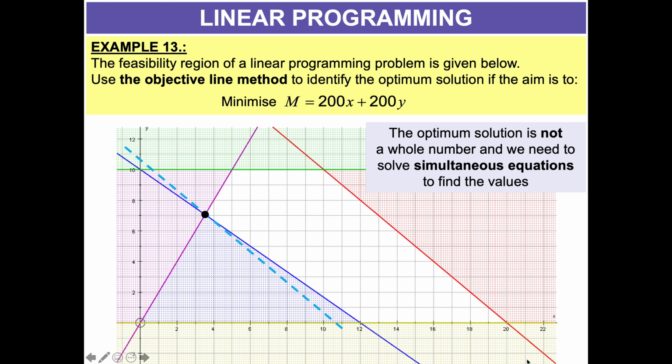So in this case, you would need to know the equation of the blue line and purple line and solve the simultaneous equations to find the values for the coordinates of this point that represents the optimal solution. So this one was the last example for today.